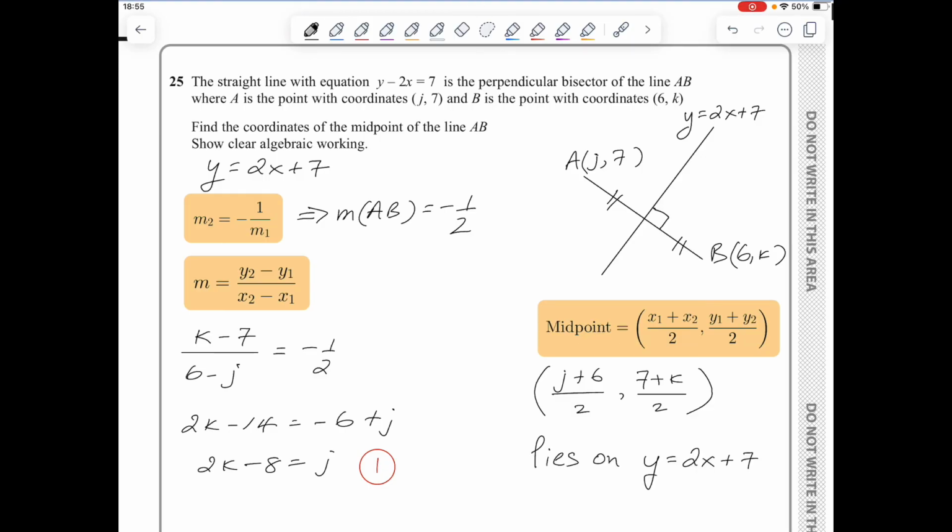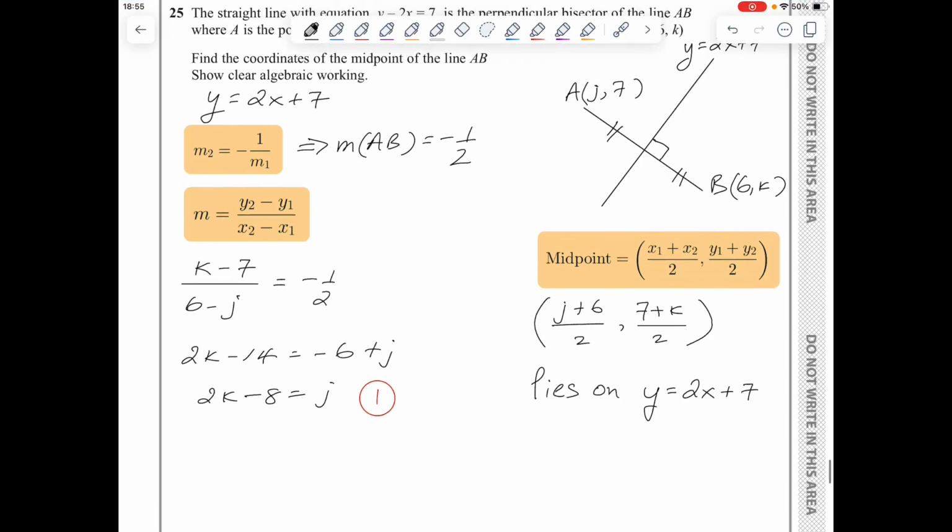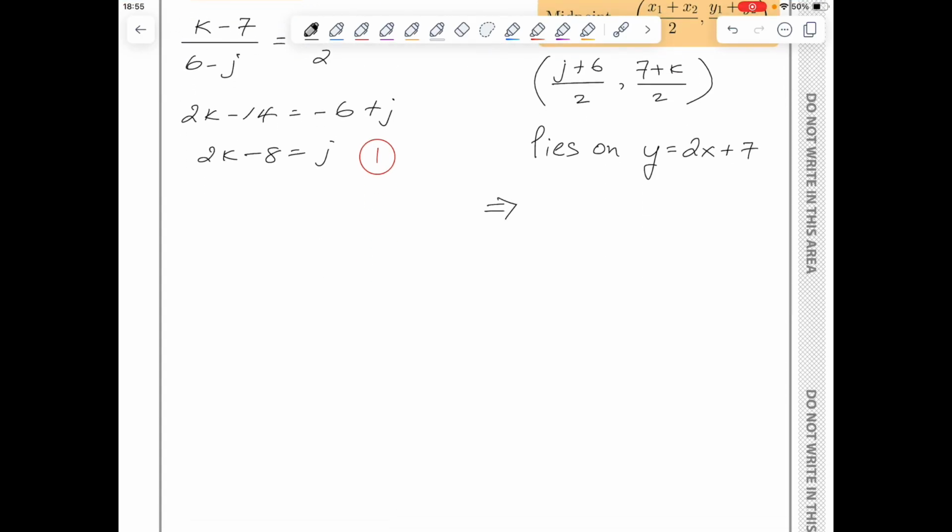Therefore, I can create the following equation. So let's replace x and y with the coordinates of the midpoint. (7 plus k) over 2 is equal to 2 times (j plus 6) over 2 plus 7.